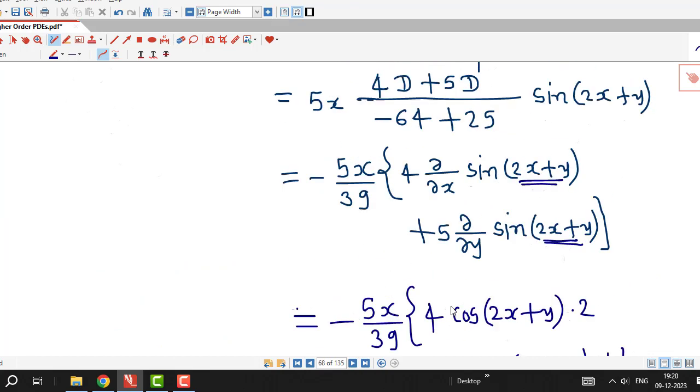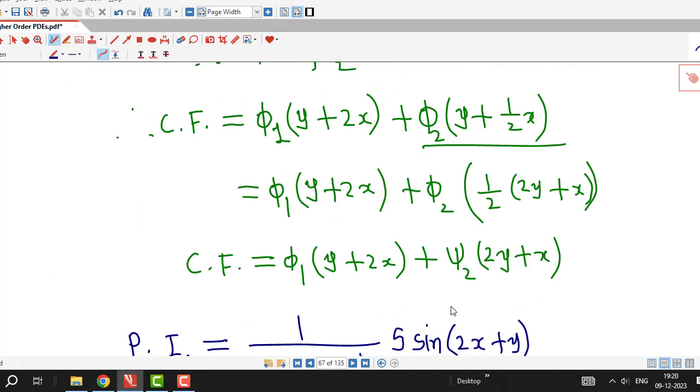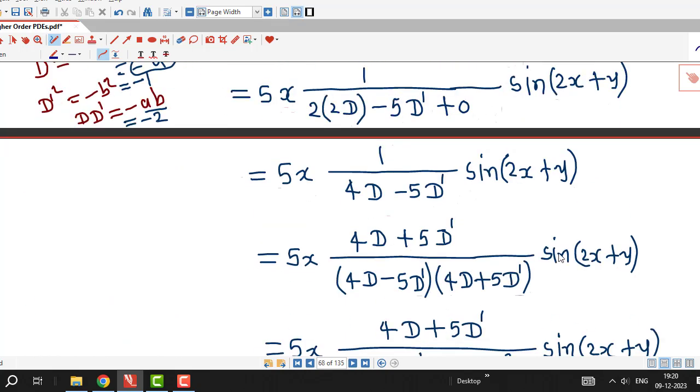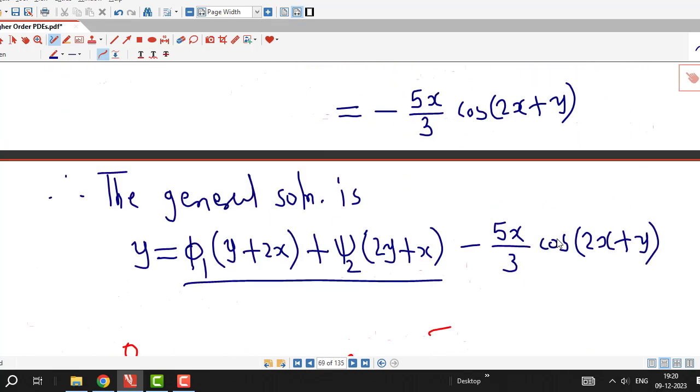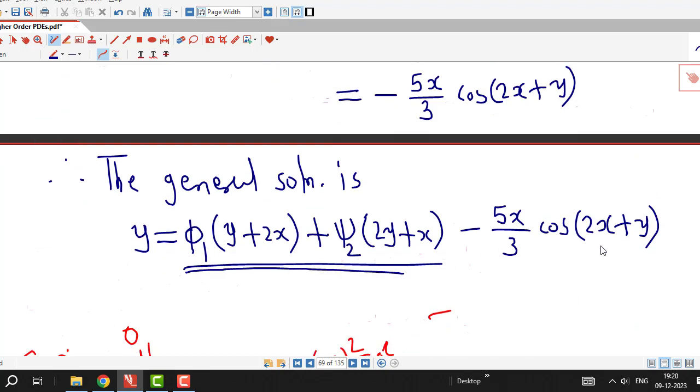Let me check what is complementary function, whether I have written it correctly or not. Phi1 of y plus 2x and psi2 of 2y plus x.